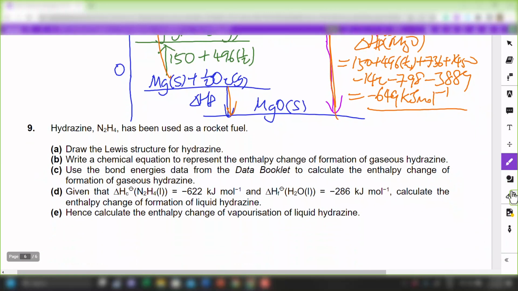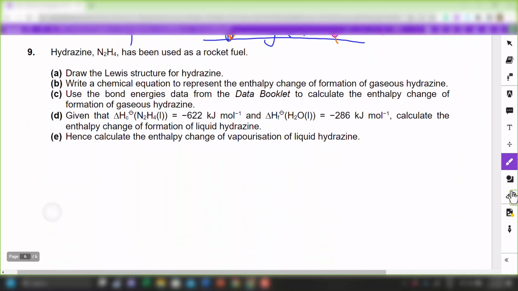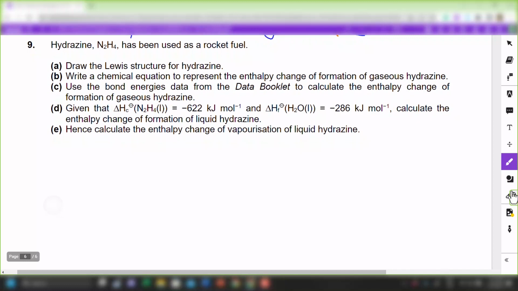If not, you can move on to the last question, which is something like a synoptic question, because we also combine some chemical bonding. So for hydrazine, I think we mentioned this quite often: draw the Lewis structure for hydrazine, N2H4. You can simply start with the dot and cross diagram if you wish.